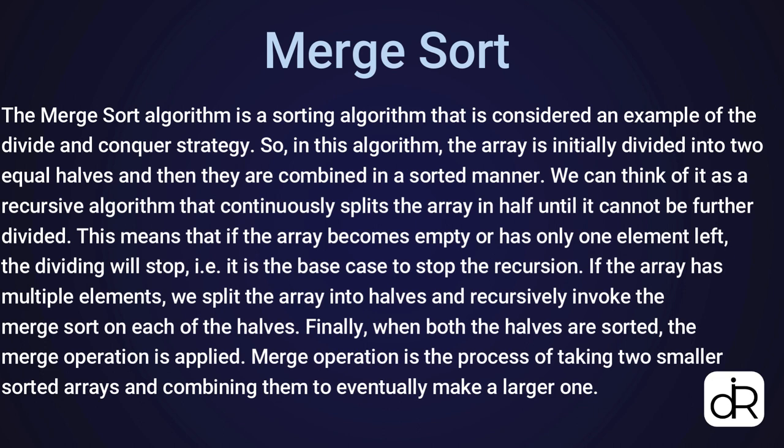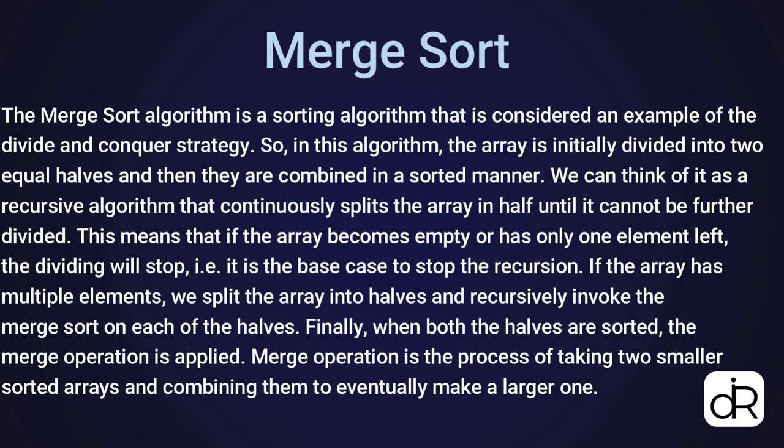We can think of it as a recursive algorithm that continuously splits the array in half until it cannot be further divided. This means that if the array becomes empty or has only one element left, the dividing will stop. That is the base case to stop the recursion.